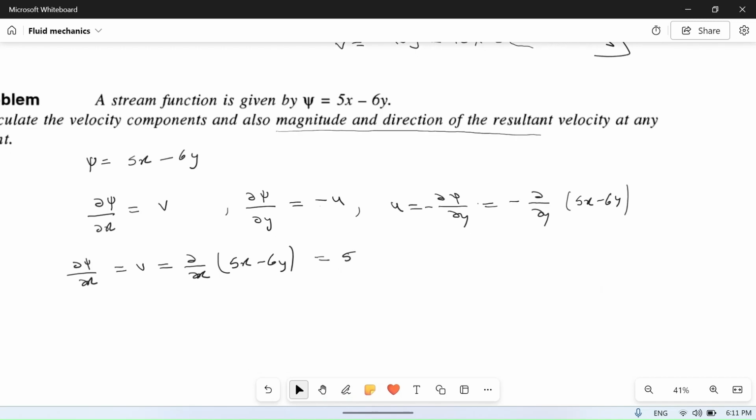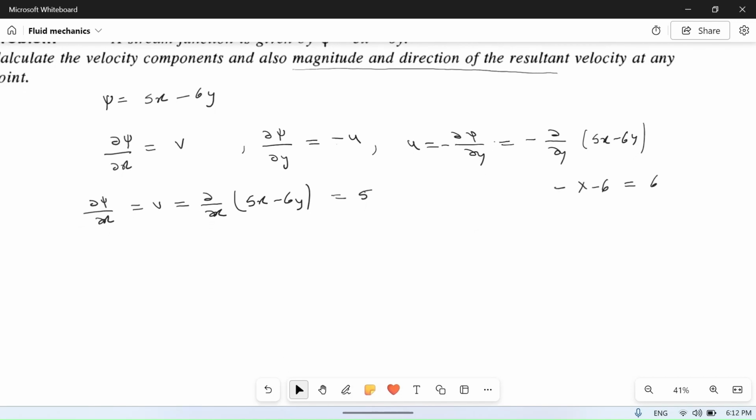So here x will become constant, so that becomes 0, and del upon del y of minus 6y will become minus into minus 6, so it will become 6. So u is equal to 6 units, and v is equal to 5 units per time, or per second, or you can write anything because the unit is not given.